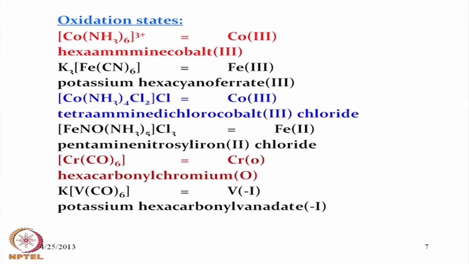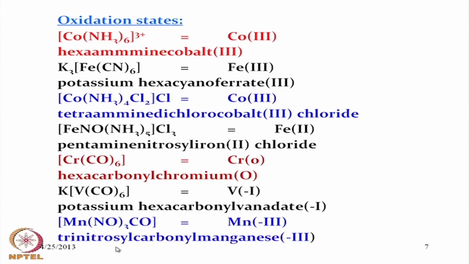Then the last example in this series is that of nitrosyl of manganese; here nitrosyl was present with 1 number. When 3 nitrosyl are present along with 1 carbonyl, we get the corresponding compound, and manganese is present in -3 oxidation state, which is trinitrosyl carbonyl manganese -3.